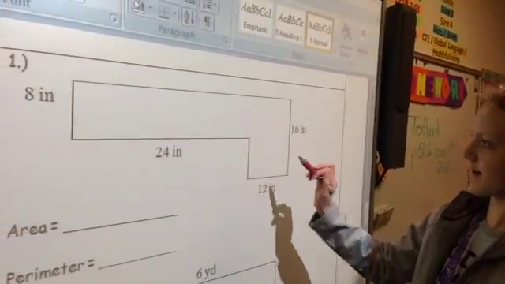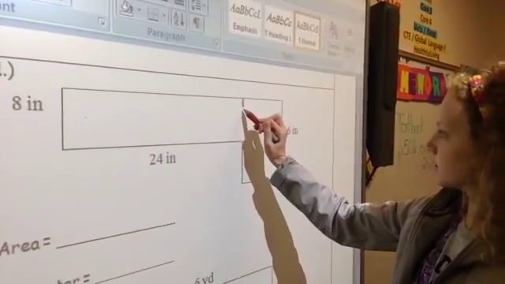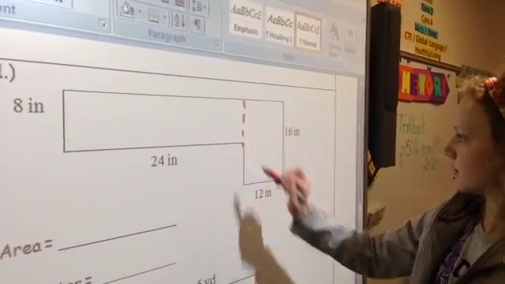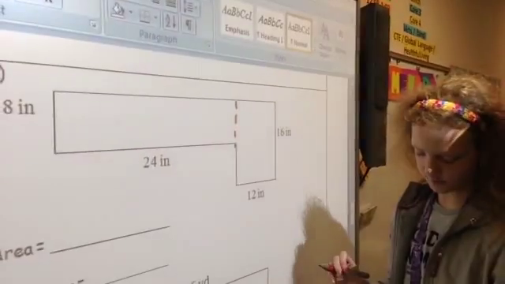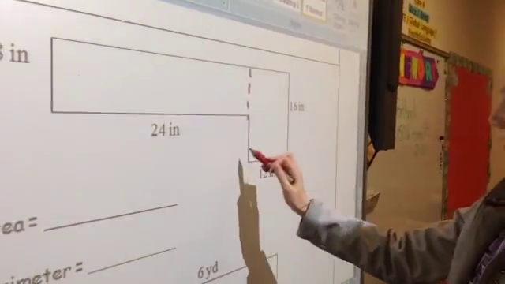So I'm going to show you a different way. So I decomposed the figure by splitting it this way. And then I filled in the missing blanks.